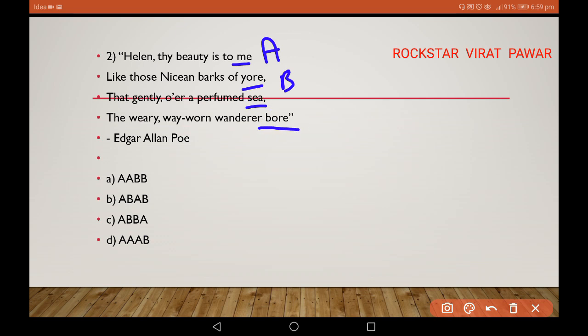Me and bore are somewhat like a rhyming pattern. Okay, one thing is very common, that yore and bore are a rhyming pair. So A, B, B is required.